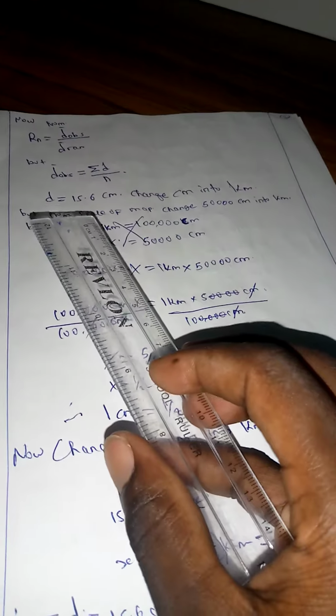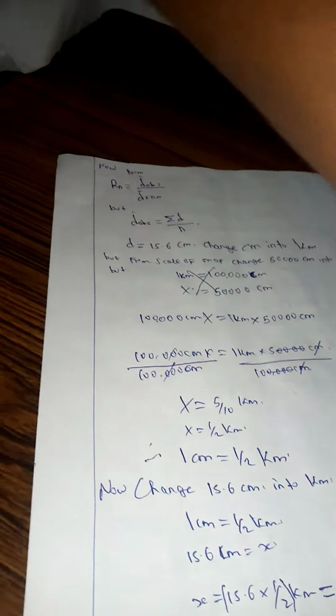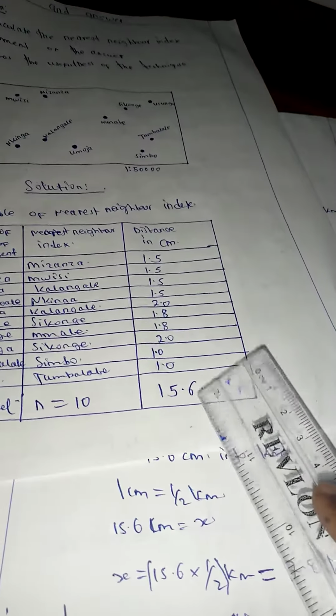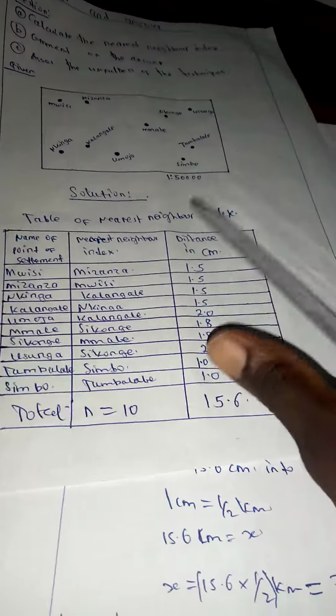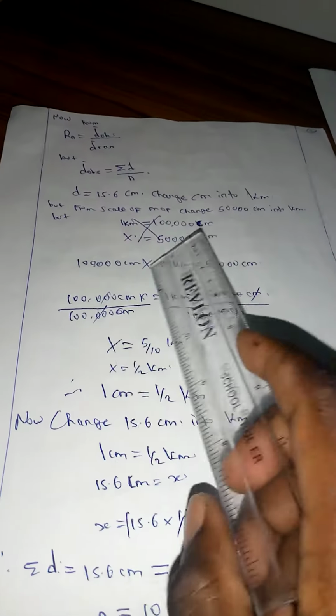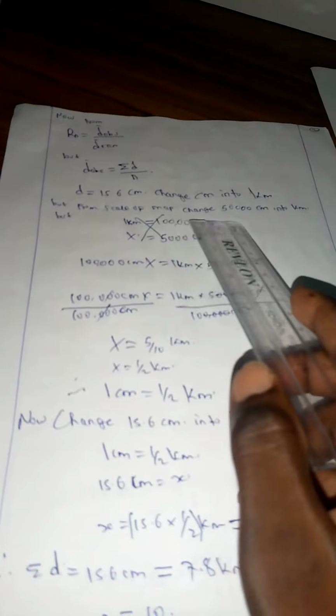D is equal to 1.6 centimeter. We have seen here, this is what? Summation of D, distance in centimeter. That's where here I have written 15.6 centimeter, but change the centimeter into kilometer.